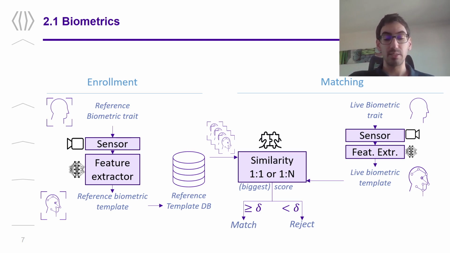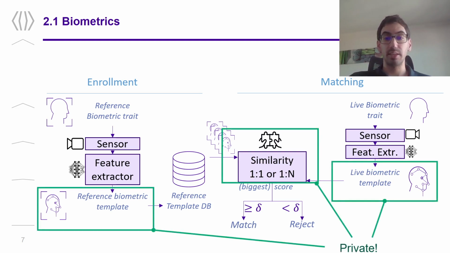Normally, for faces, the similarity is based on the inner dot product of the vectors. Once we get the scores, we'll take the highest score among them, and we will compare this highest score with a given threshold delta to decide if it matches the identity or not, rejecting it otherwise.